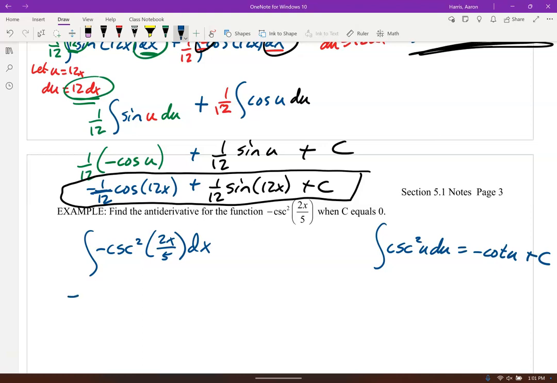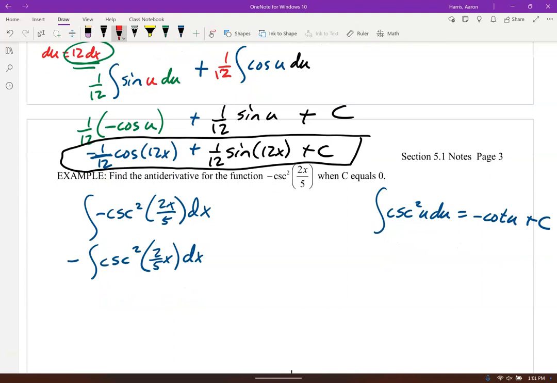Well, I can push the negative out, but I still have this 2/5 x. That's my u. So I'm going to have to let u be that 2/5 x to do this. So du dx would be 2/5.